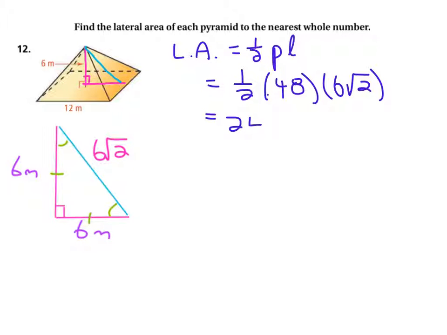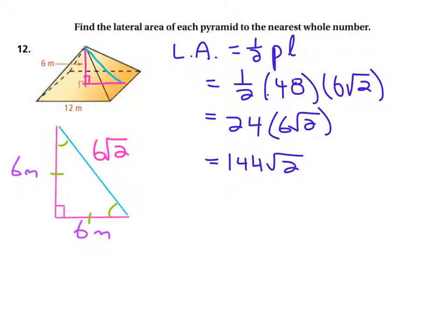So 1/2 of 48 is 24, and we've got then 24 times 6 root 2. And when we multiply that on the calculator, 24 times 6 is 144.